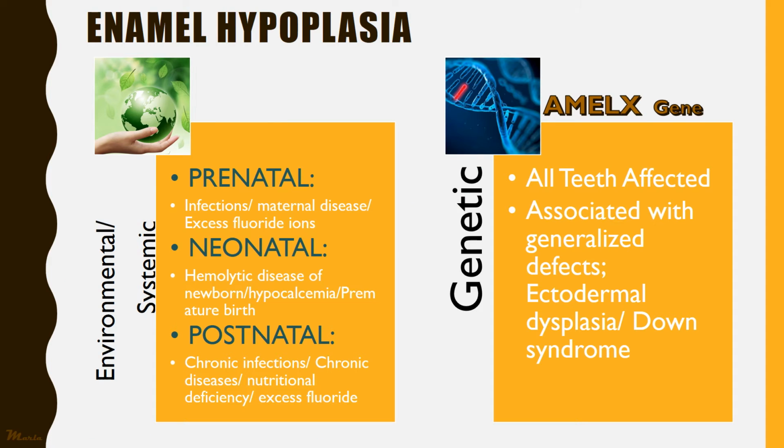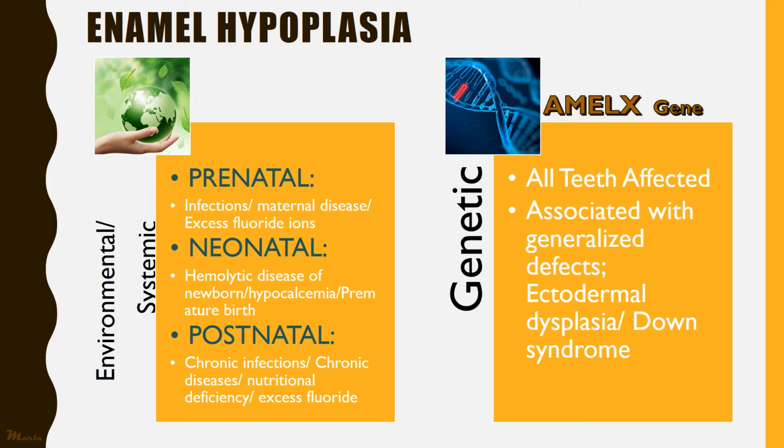Under the environmental or systemic causes, further division can be made on the basis of at what stage of the tooth development the factors are affecting its development. So broadly, these can be categorized as prenatal, neonatal and postnatal.